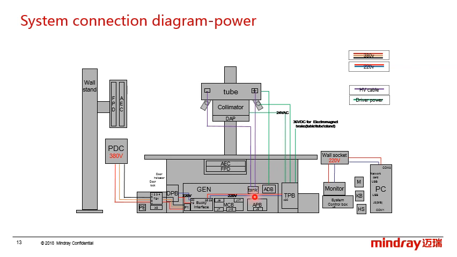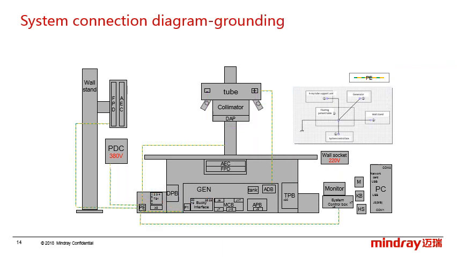The tank transfers the high voltage to the tube by the high voltage cable. And lastly, the TS1 provides the door lock and the door indicator. The next part is about the grounding.